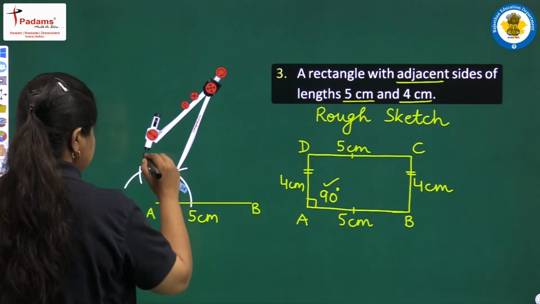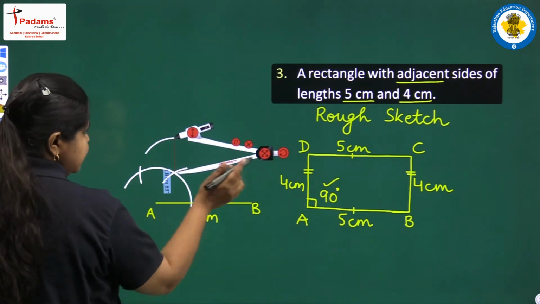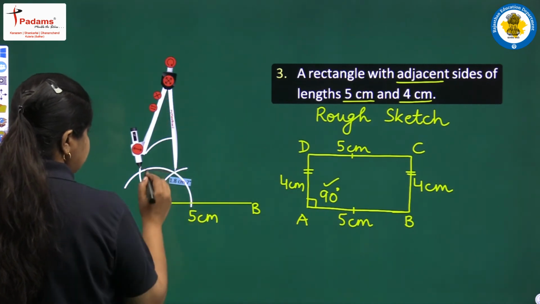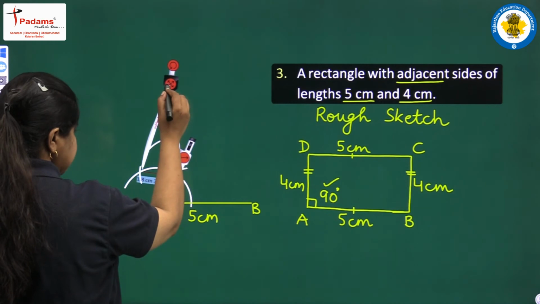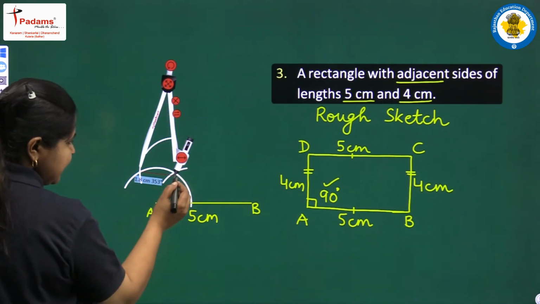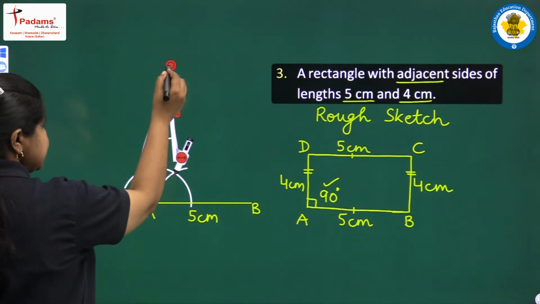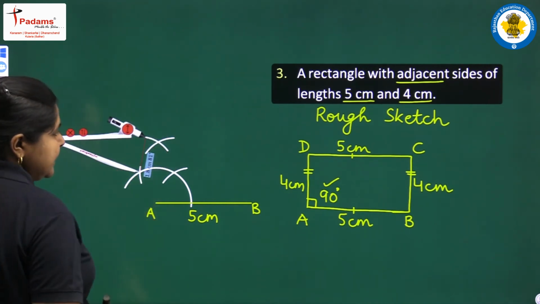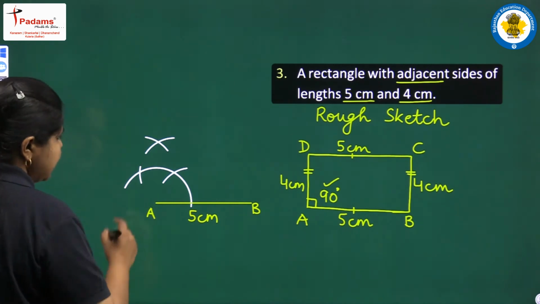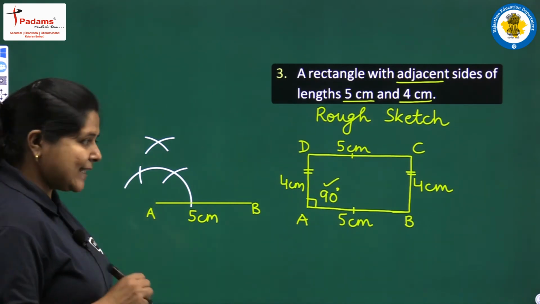Then we need to bisect the angle at the center, and for this we will be taking compass one by one at these 2 points. First I have kept at this point, now taking it at this point, again with the radius same. Here we will cut this arc, and now we get an angle of 90 degree.